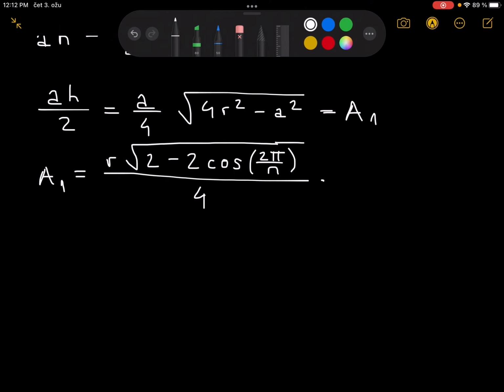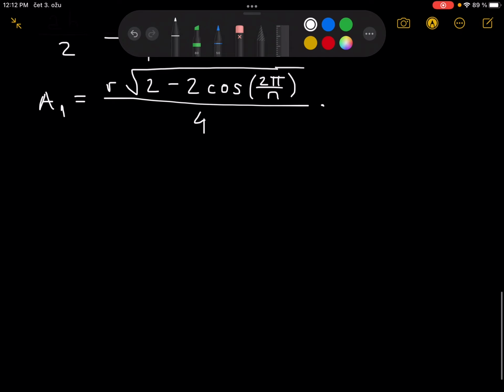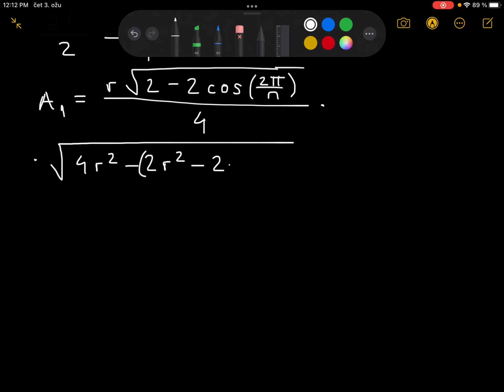And times the square root of 4r squared minus 2r squared minus 2r squared times the cosine of 2 pi over n.